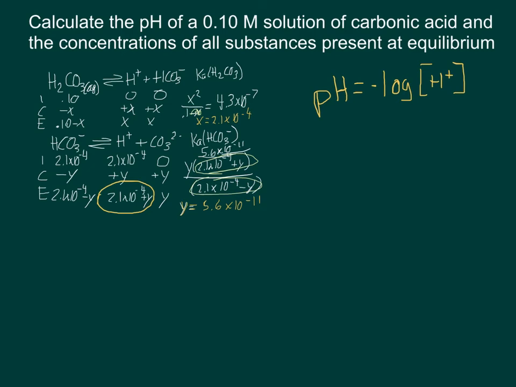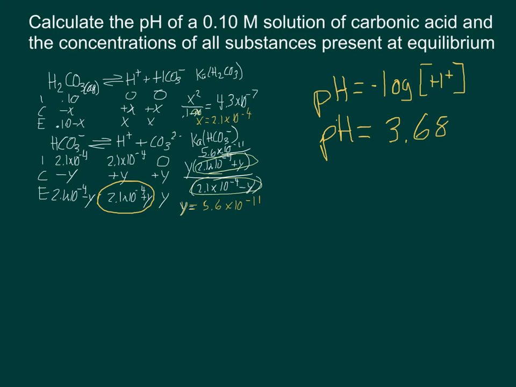If you do that out, it's just going to be 2.1 times 10 to the negative 4th. 10 to the negative 11th is so small, it's not going to factor into this calculation at all. So therefore, the pH equals negative log of 2.1 times 10 to the negative 4th, or 3.68. Okay, so that's the first part.